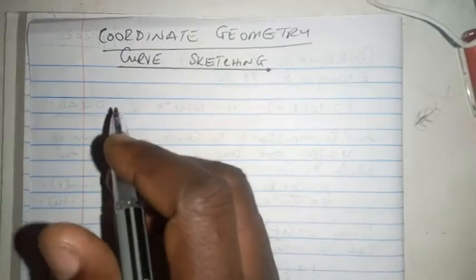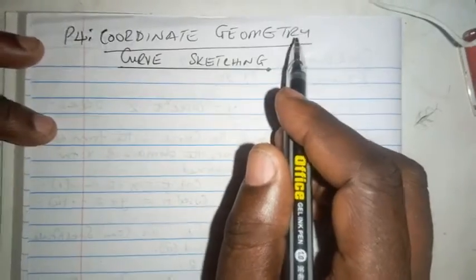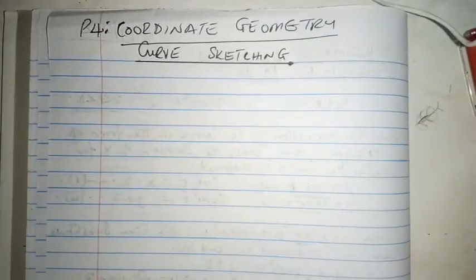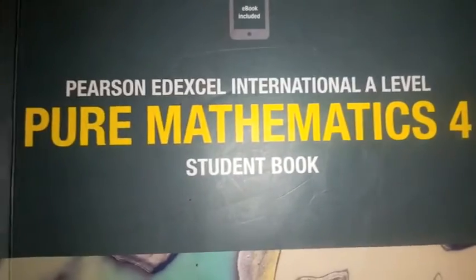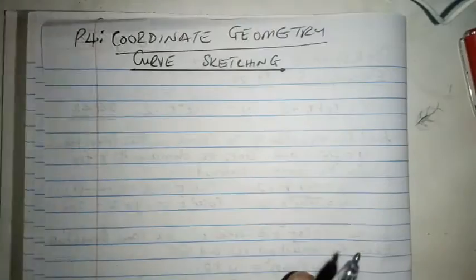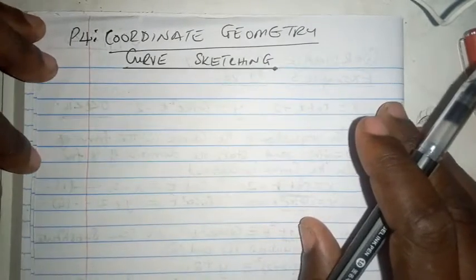In this video, I want us to talk about pure mathematics for coordinate geometry. That is chapter 3 of this book, Pure Mathematics for International A Level, the International Advanced Level, IAL.